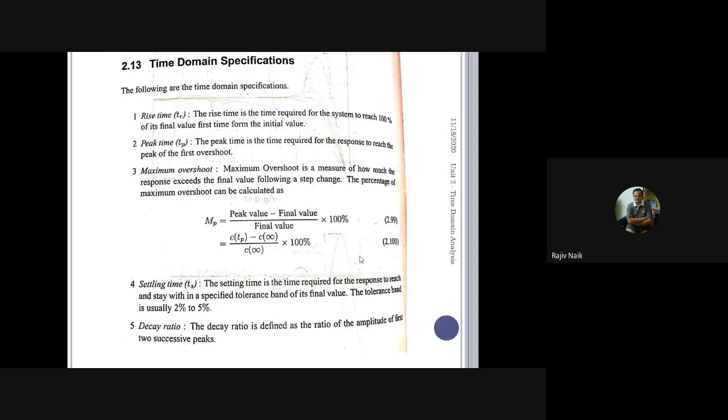So sine theta can be 0 if theta is either pi, 2 pi, 3 pi, 4 pi, and so on, or n pi in general. That means the output reaches equal to 1 a number of times. If you see the graph, it will reach equal to the input a number of times.